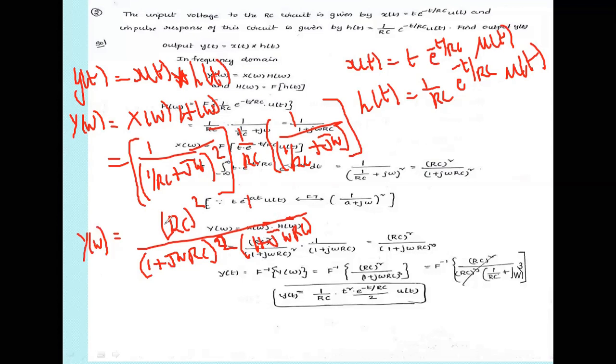Y of omega is equal to RC square by 1 plus j omega square into 1. Totally, Y of omega is RC square whole divided by 1 plus j omega RC whole power cube.